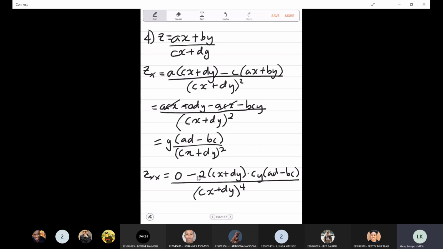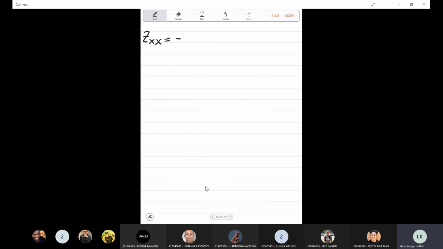In the numerator, we have minus 2CY times (AD minus BC) left. So this is minus 2CY(AD minus BC) over (CX plus DY) to the power of 3.